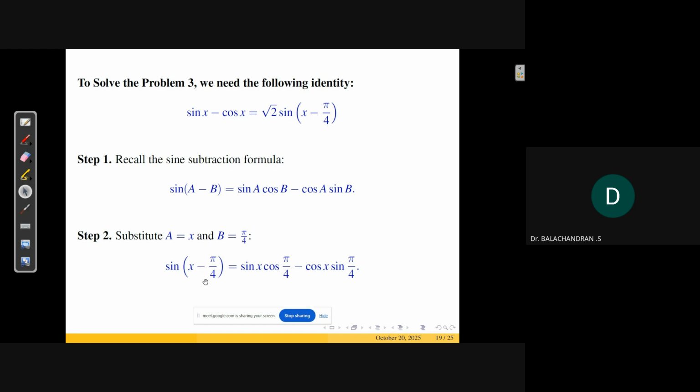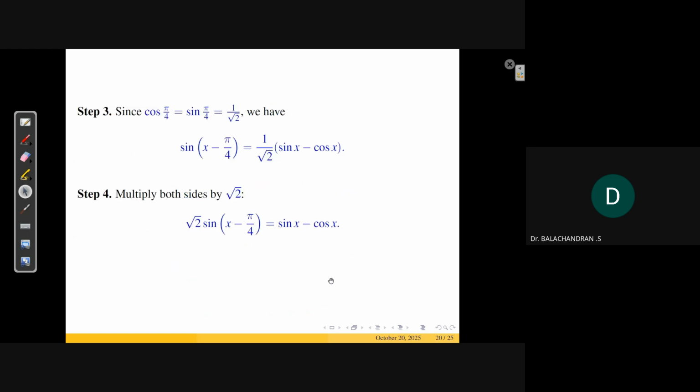So sine of x minus pi by 4 equals sin x into cos pi by 4 minus cos x into sin pi by 4. We know that sin pi by 4 and cos pi by 4 are both 1 by root 2, so take 1 by root 2 common: 1 by root 2 into sin x minus cos x.